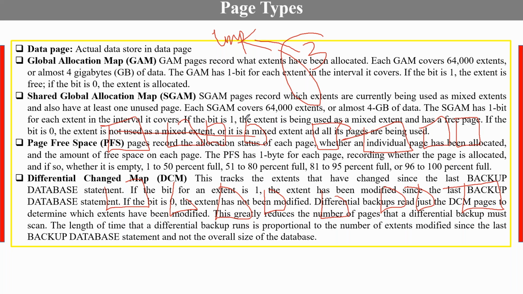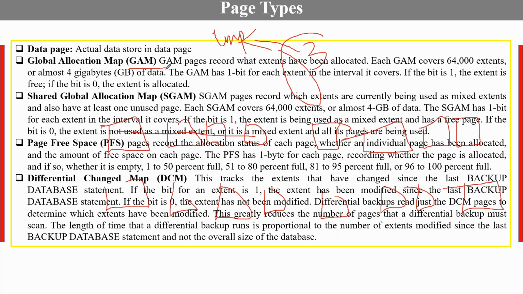Each SGAM also covers 64,000 extents, but the main one is the GAM, sir. SGAM will store info, sir. It is not creating extents again. When you are trying to create any object, it will get the extent from the GAM only. But SGAM also contains the 64,000 extents' information. Almost, the SGAM size is also 4 gig, because it needs to collect all the info.